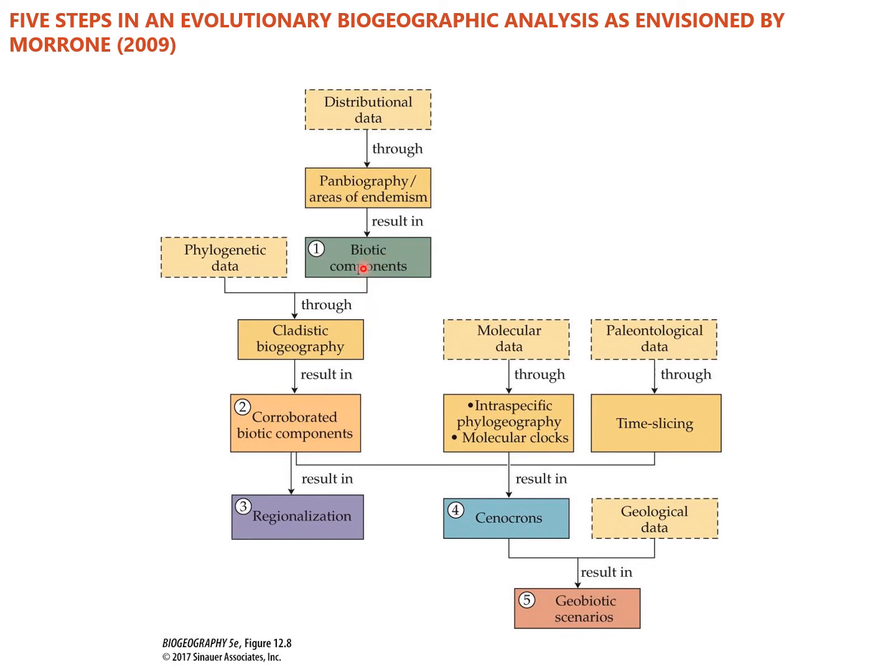You combine the biotic components with the phylogenetic data, and you get to what we've been looking at, which is pretty much cladistic biogeography. That can help you corroborate some of the biotic components, and you can get some regionalization ideas about how organisms in this region might have evolved.